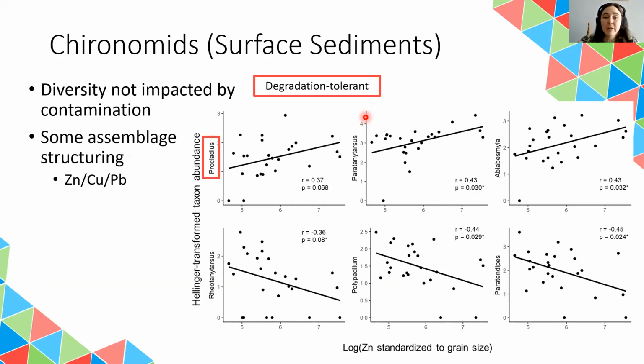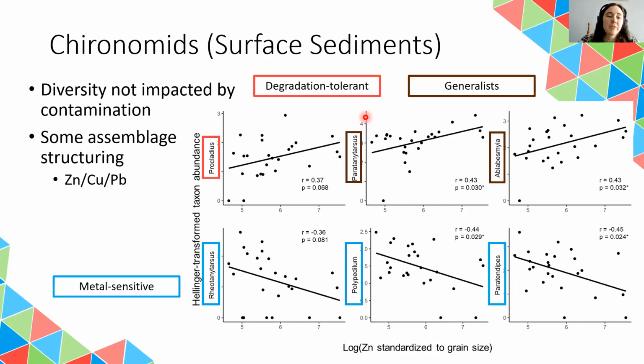So we had some degradation tolerant taxa that increased in abundance as our zinc and other correlated metals increased. We also had some generalists that responded the same way, as well as a few metal sensitive taxa that declined as our concentrations of metals increased.